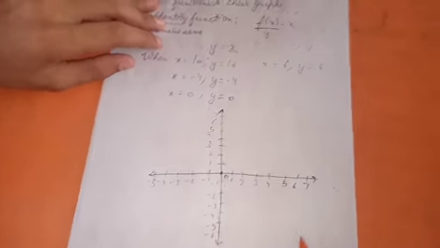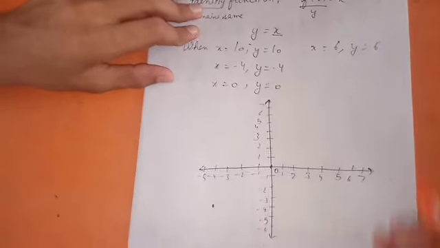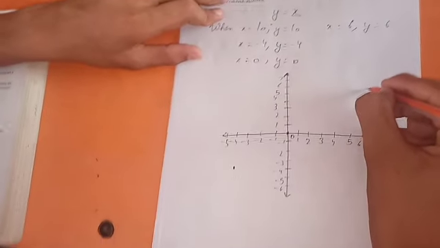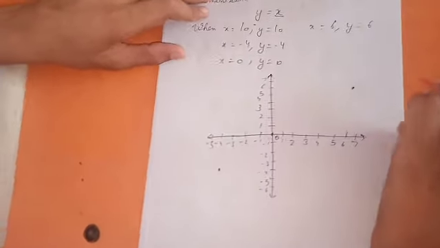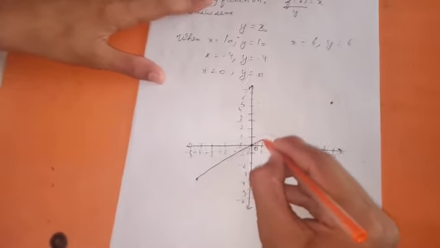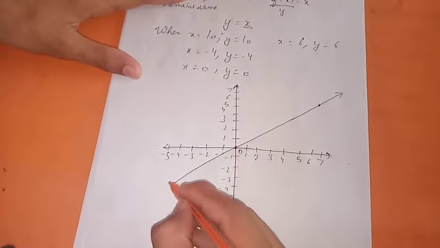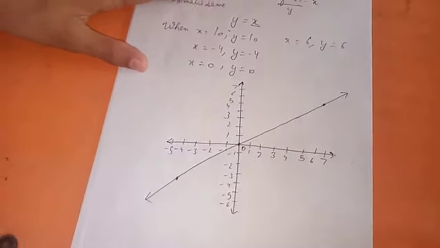When x is minus 4, y is also minus 4. So it will be here. When x is 6, y is also 6. So it will be this. If we draw this properly, then we will get a straight line in this way. Okay.